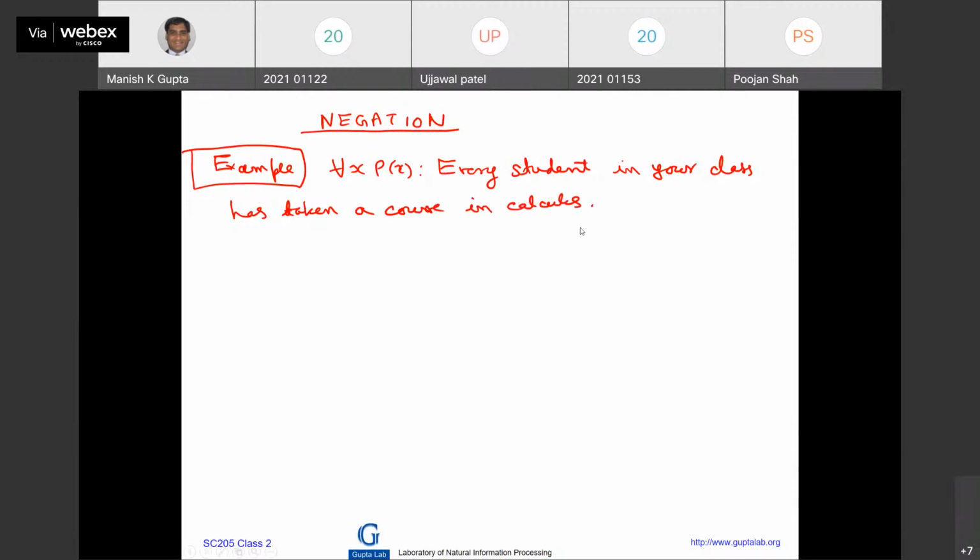So this is your statement. For every x, P(x) means every student in your class has taken a course in calculus, which is true anyway, right? You have done a course in calculus.